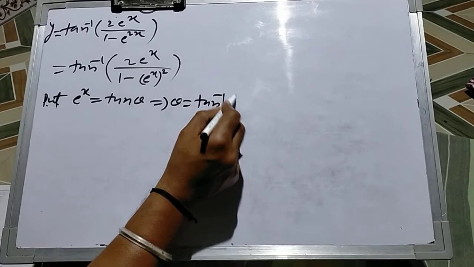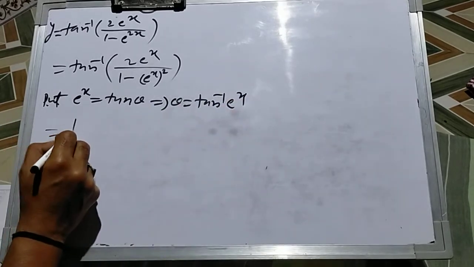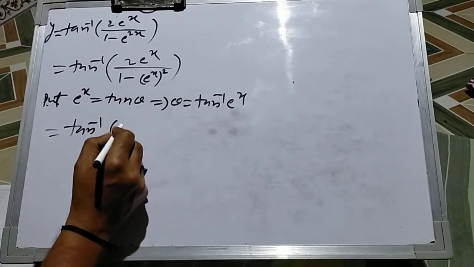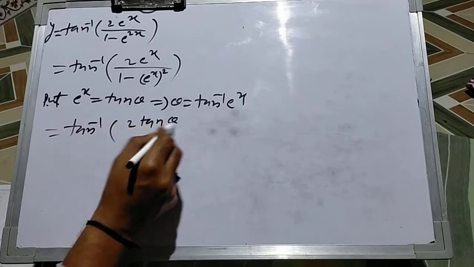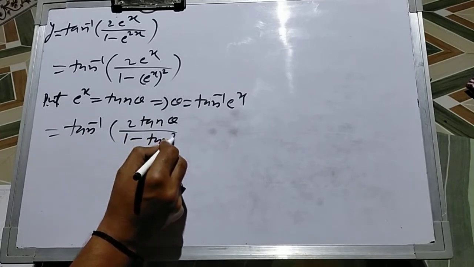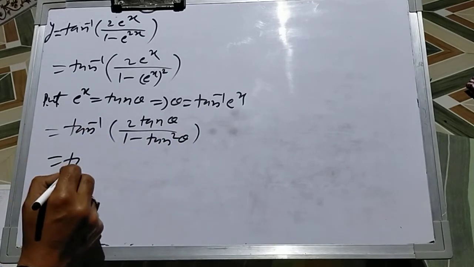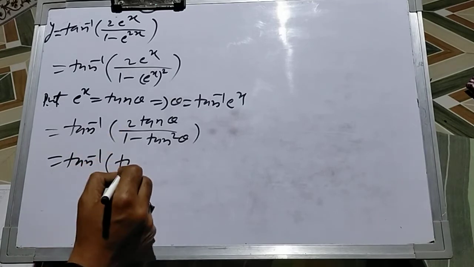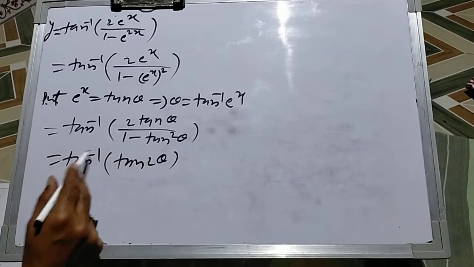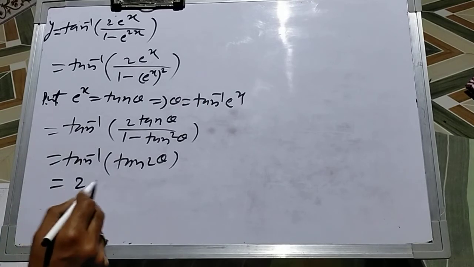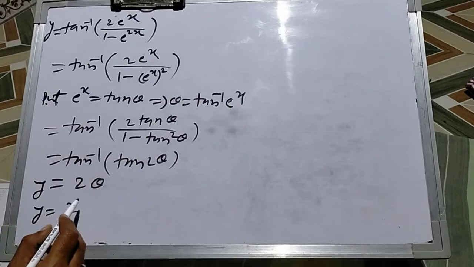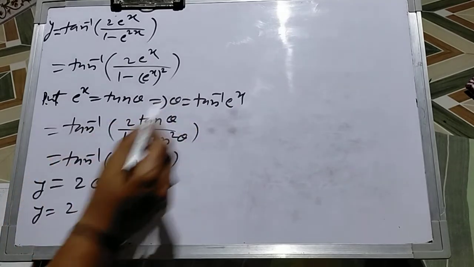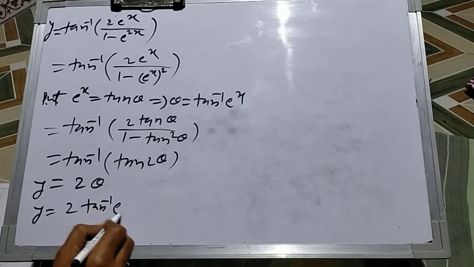This implies theta is equal to tan inverse of e to the power x. So therefore tan inverse of 2 tan of theta divided by 1 minus tan square theta, which is equal to tan inverse of, this is the formula for tan 2 theta. Tan inverse of tan theta means theta, so y is equal to twice of theta, and twice of theta means 2 tan inverse of e to the power x.